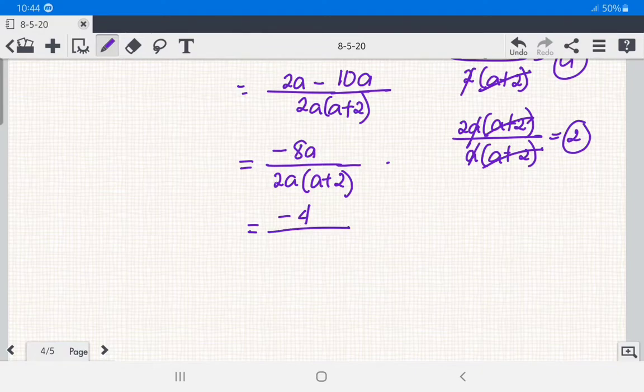Negative 8 divided by 2, the common factor, is negative 4, right? Then cancel 2, because 2 divided by 2 is 1, then a also. So we have only now negative 4 over a plus 2.